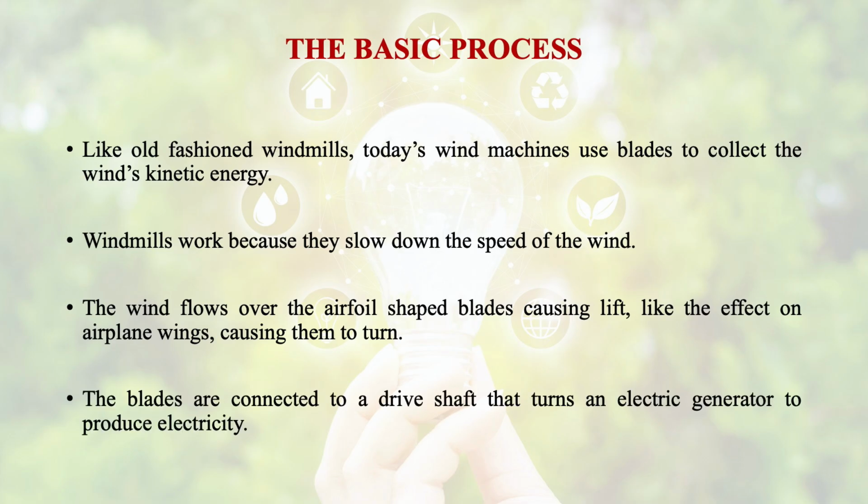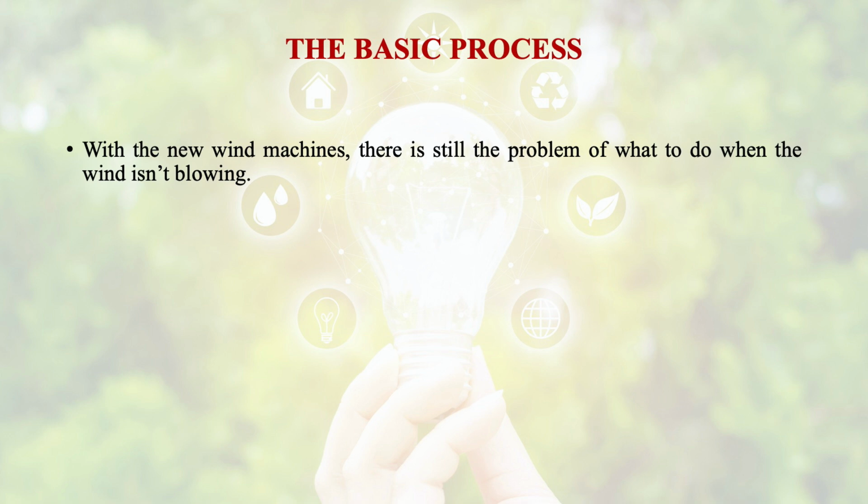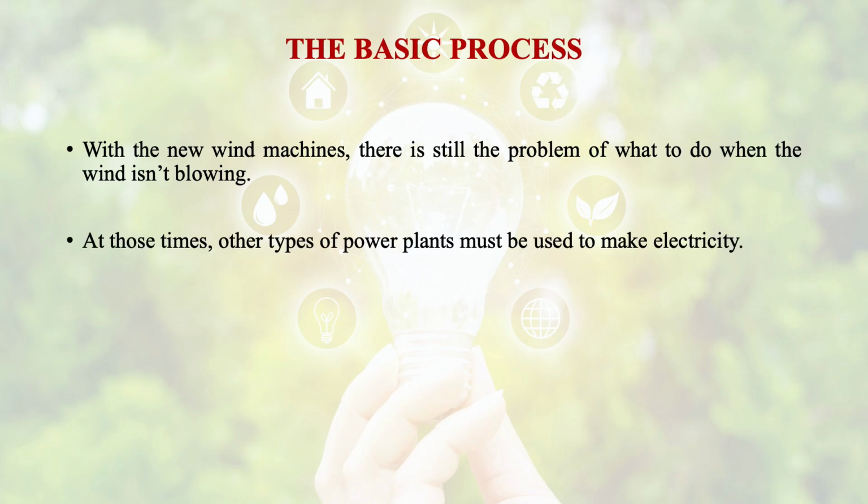The blades are connected to a drive shaft that turns an electric generator to produce electricity. With these new wind machines, there is still the problem of what to do when the wind is not blowing. At those times, other types of power plants must be used to generate electricity.